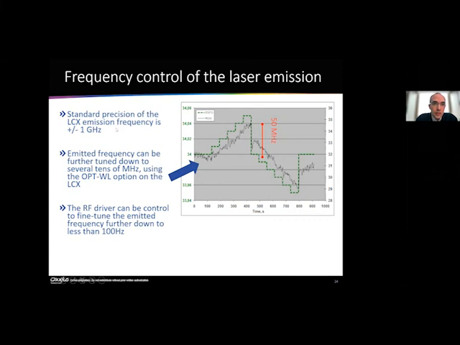So if you take a standard LCX, so DPSS source from Oxxius, the precision of the emission frequency from one unit to the other is plus minus 1 gigahertz, because it's difficult for us to measure this frequency with higher precision.